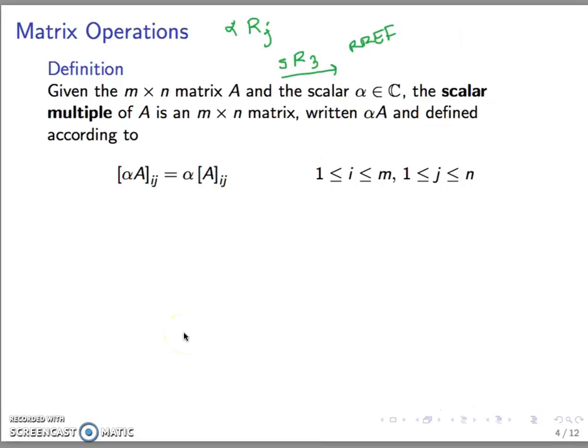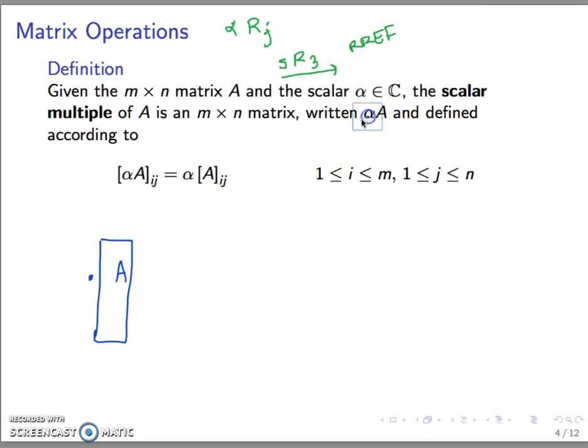So the formal definition reads as follows. Suppose we have a rectangle here that we're calling A, this is the matrix A, and that we have a scalar alpha, assumed to be a complex number.